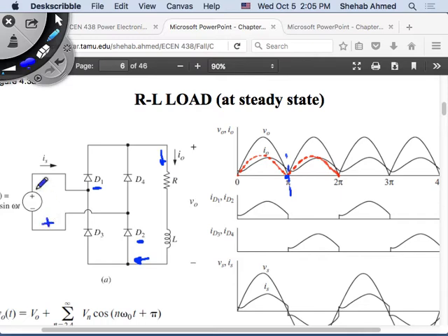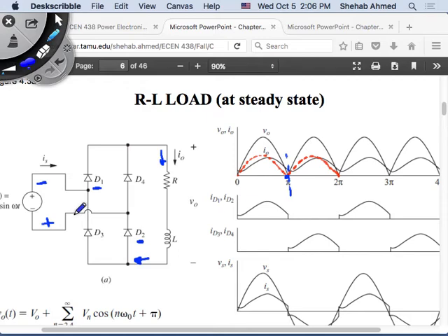This is more positive in the negative half cycle. It's like flipping the polarity of the battery. So if current is going to go through D2, it's opposing a positive voltage. Versus if it goes to D3, it's being aided to flow through the circuit.